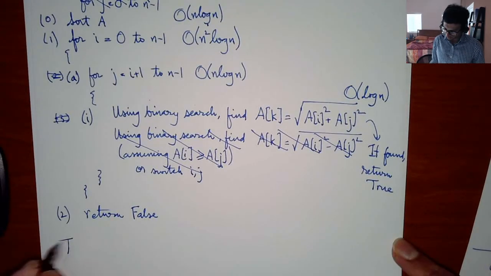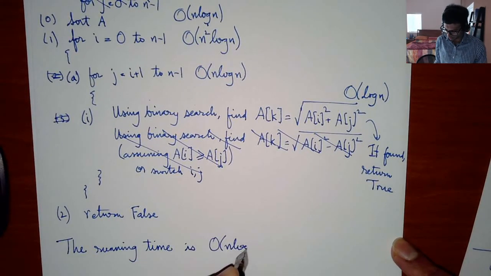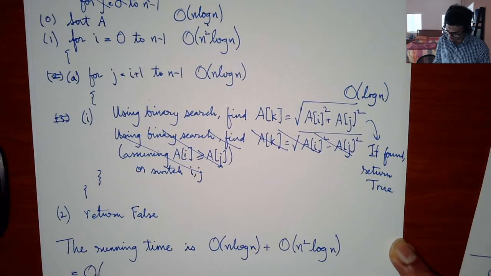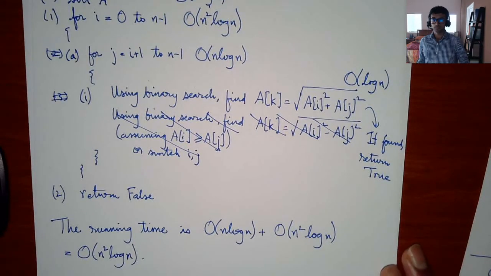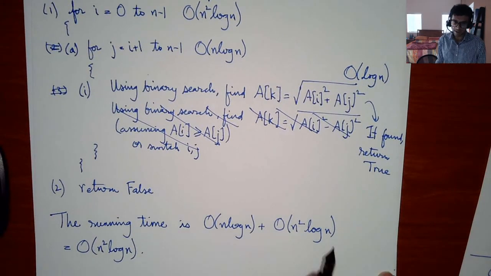And so the running time is O of n log n plus O of n squared log n, which is just O of n squared log n. N squared log n dominates the sort time, so it's n squared log n.